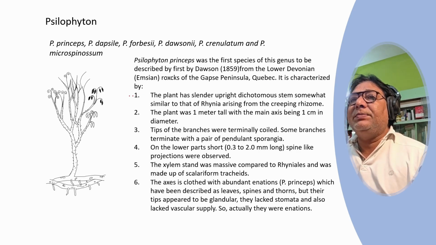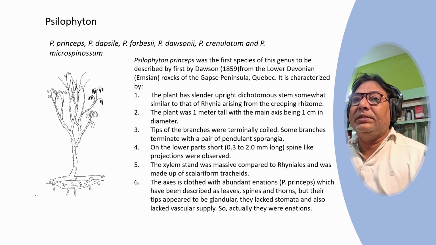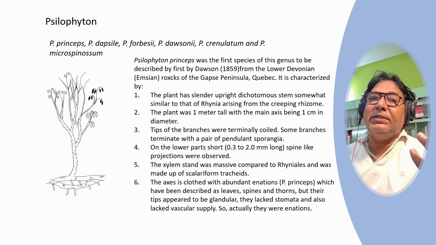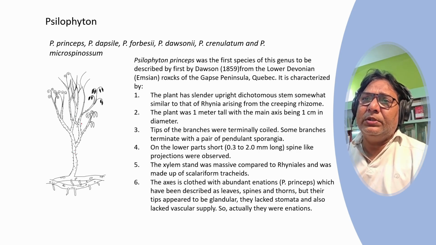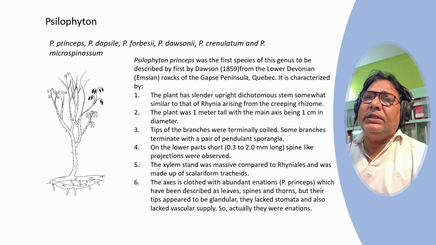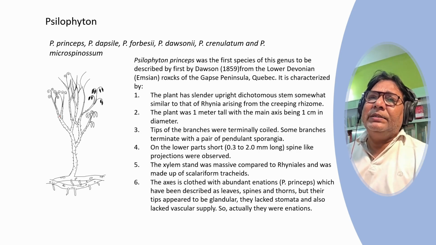Now let us see the characteristics of the plant. This is how the plant looks. In the diagram you can see a horizontal rhizome on which rhizoids are present, and the aerial axis, which is not exactly dichotomous: some dichotomy and some pseudomonopodial branching, both are there. There are several enations, these spine-like or thorn-like structures that you are seeing. These are basically enations, outgrowths, and they did not have any venation within them.